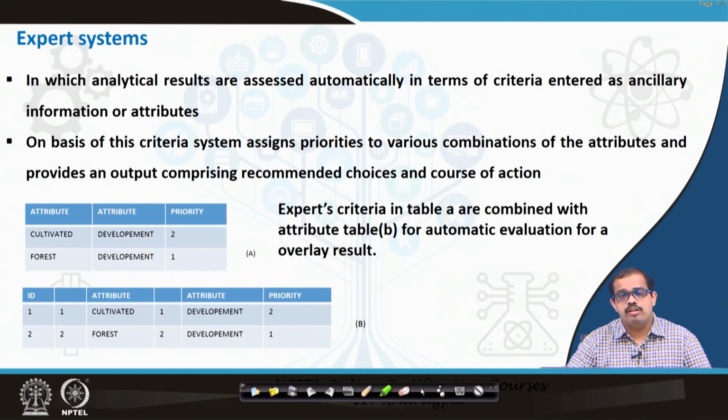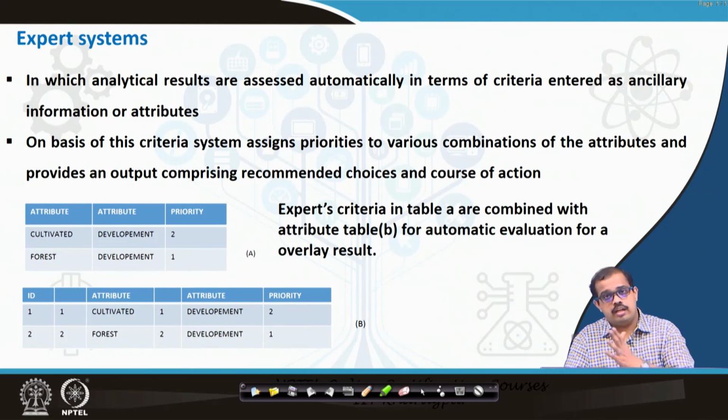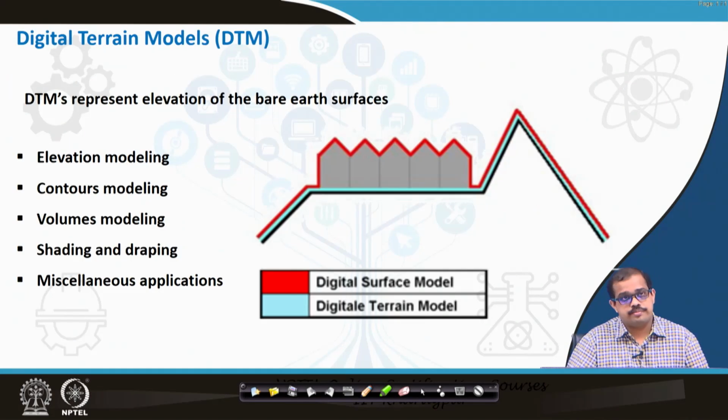Based on that value, if it is less than 0.01 or 0.1, normally it is considered analytically acceptable for any kind of analysis. So, using an expert system may be useful when you are using a huge number of variables or different entities in your analysis.